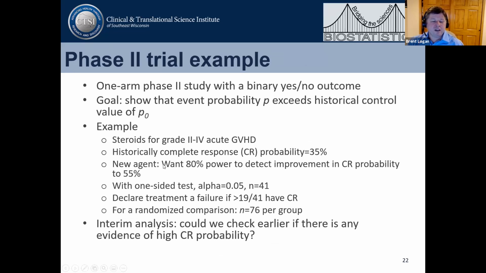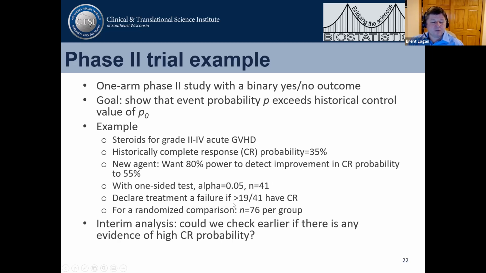If we have a new agent that we want to study and we want 80% power to detect an improvement in that complete response rate to 55%, a 25% absolute improvement, with a 5% significance level, a sample size of 41 patients will give us that 80% power.